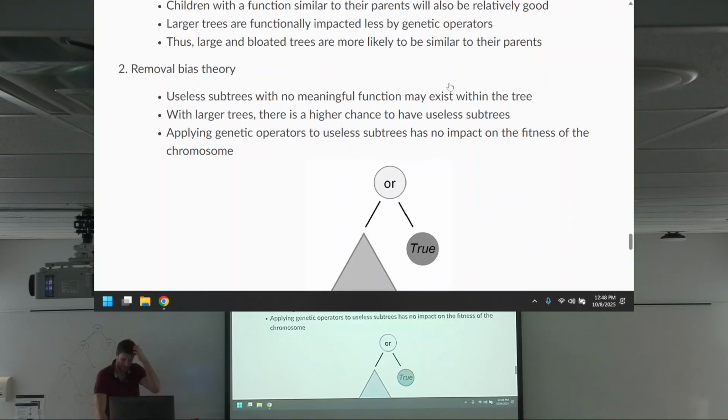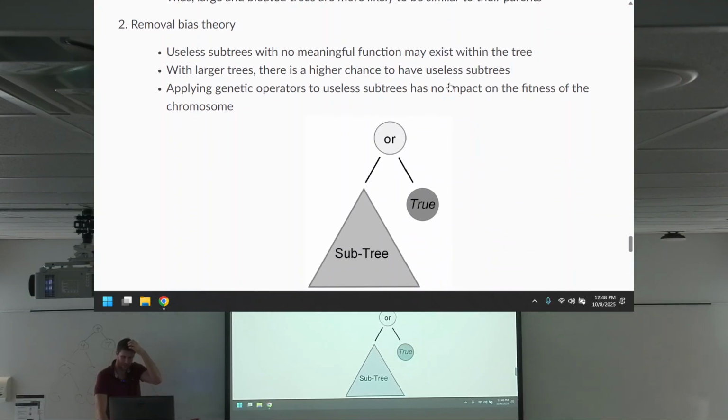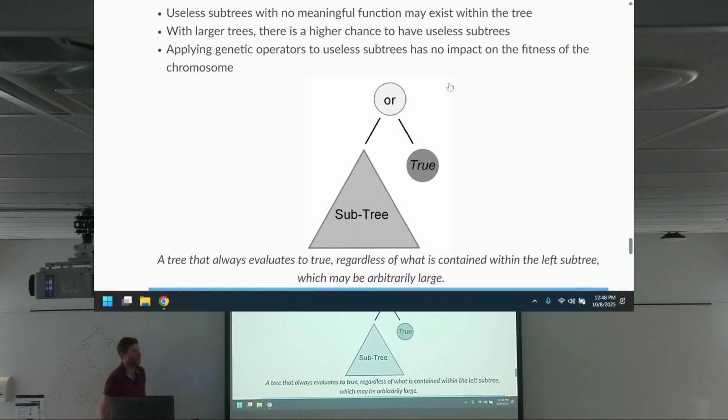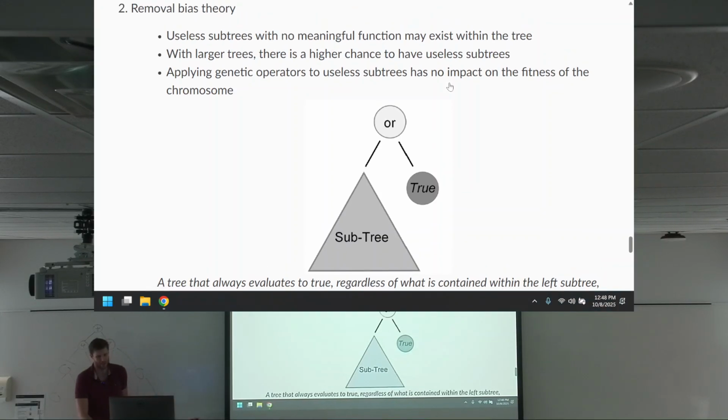Removal bias theory. Useless subtrees with no meaningful function may exist within the tree, like this. Here's a situation, right? Imagine this is some catastrophically large subtree and it's or true. This is an extreme example, but it gets the point across. With larger trees, there's a higher chance of having useless subtrees.